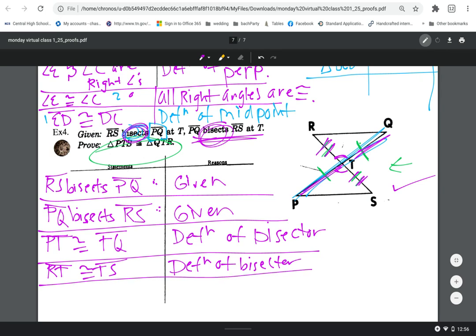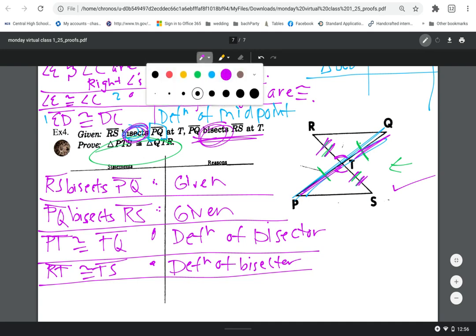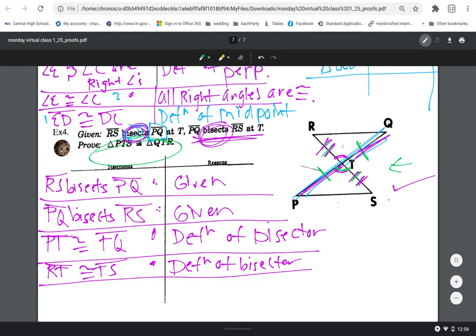All right. Now, remember, you have to have 3 congruent parts in here. What was our third congruent part in our labels? Okay, we had angle. You can't just say angle T because there's 4 angle T's right here. Let's get rid of some of this clutter.